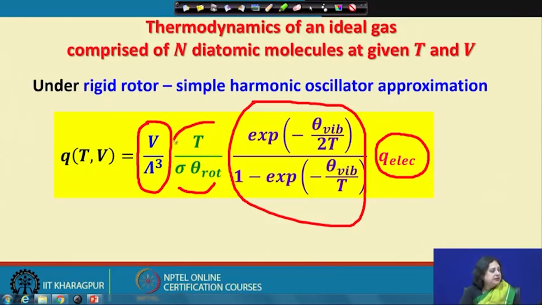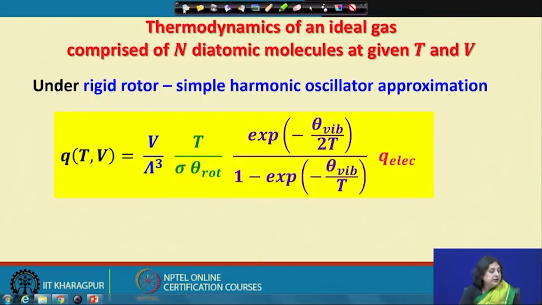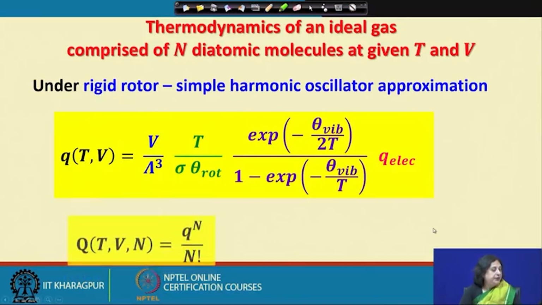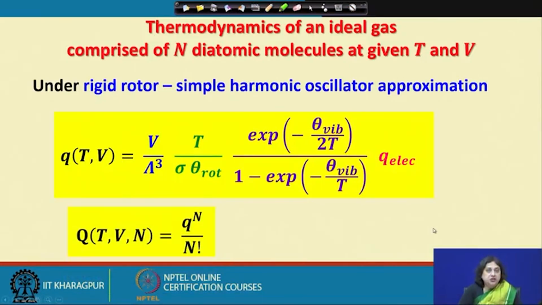And this is the high temperature limit of the contribution to this small q coming from the rotational degrees of freedom. Once you know this, you can very easily find out the partition function for all the capital N particles that are identical to each other and not interacting with each other.